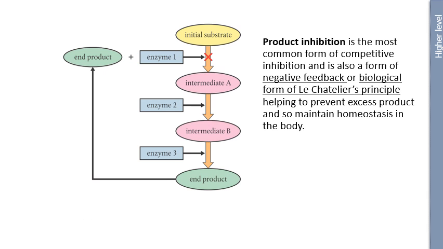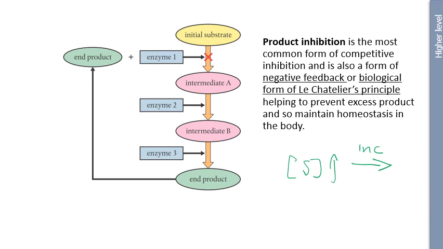Okay, so that's essentially the idea of negative feedback. Both competitive and non-competitive product inhibition provide negative feedback to metabolic processes, which is the biological equivalent of Le Chatelier's principle, which we've looked at previously when we looked at equilibrium. When the substrate concentration is high, the rate of the forward reaction increases, and the excess substrate is metabolized.